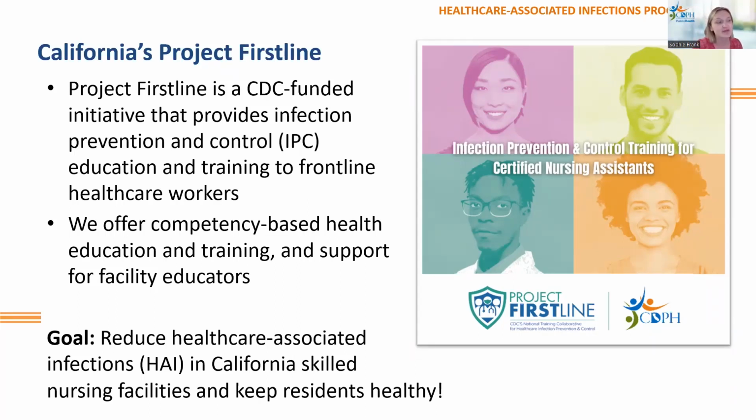In California, Project Firstline focuses specifically on certified nursing assistants in skilled nursing facilities, and in coordination with public health infection prevention partners, Project Firstline offers competency-based health education and training and support for facility educators like yourselves. So welcome. Together, we can reduce HAI in California skilled nursing facilities and keep our residents safe and healthy.